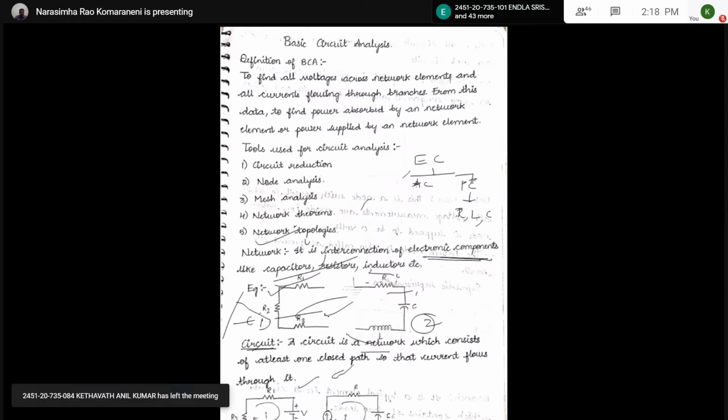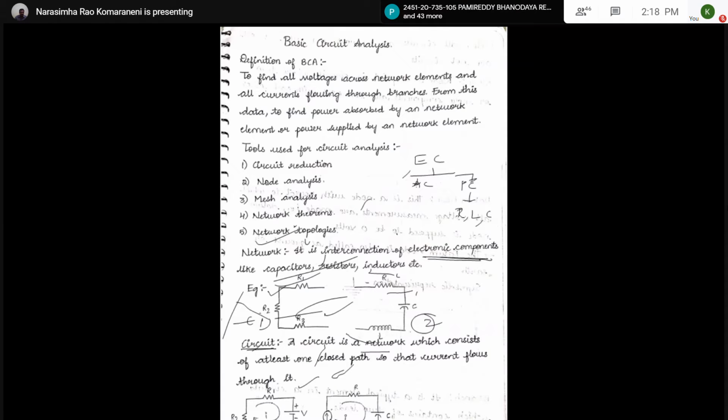Here this circuit is closed. At these two terminals, one battery is connected like this, so that the circuit is closed. So inside this loop, the current conduction takes place.